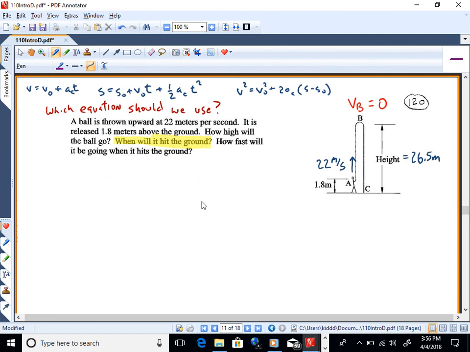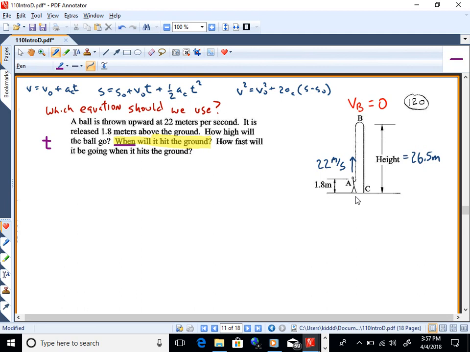All right, what's the next thing we want to do? When will it hit the ground? Now, this is getting back to some of that stuff about word problems, right? When, which variable is when? Yeah, it's time. So t is what we're after. We got initial velocity. We got the height now.